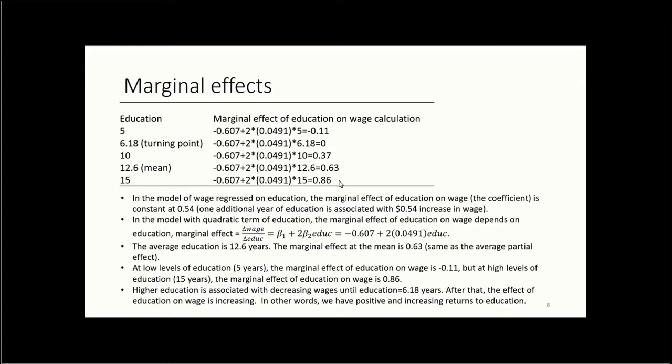And so in the beginning, it's a decreasing effect, but then we have a positive and increasing effect. And so look at this. If we have 15 years of education, then we have the strongest and most positive effect. So we can say that there are increasing returns to education.